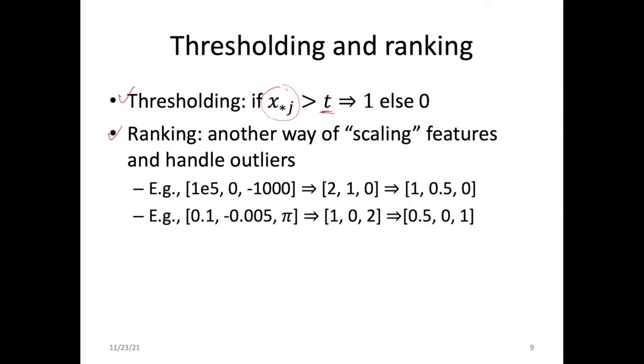Ranking means that perhaps you don't care about the absolute value. You just care about which one is larger and which one is smaller. So if you have 10,000, 0, and negative 1,000, they become 2, 1, and 0. If you have 0.1, negative 0, and negative 0.005, and pi, then they become 1, 0, 2. That's another way to do it. And of course, you can further scale it such that the value is between 0 and 1.